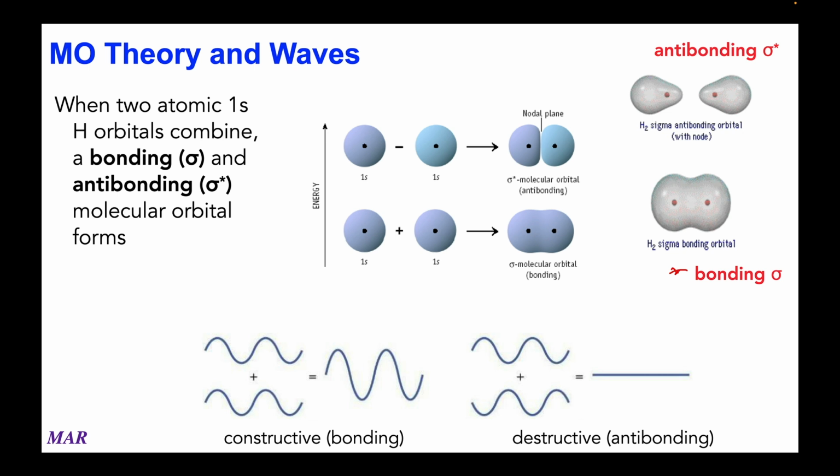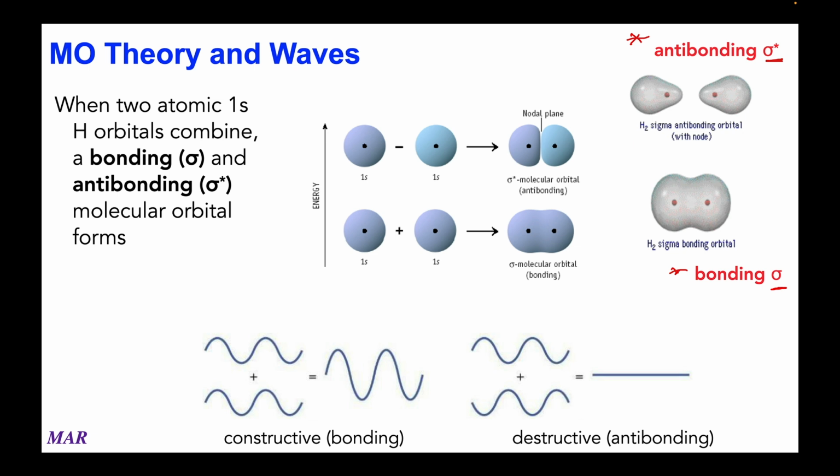On the other hand, you can have those same 2 1s orbitals combine in an unfriendly method, a method that makes the molecule weaker. And those are called anti-bonding orbitals. Now, both of these are basically head-to-head overlap of the atomic orbitals. So they're both given the same symbol sigma, but notice that the anti-bonding gets a sigma star. That star means that it's an anti-bonding orbital and it's not as strong.